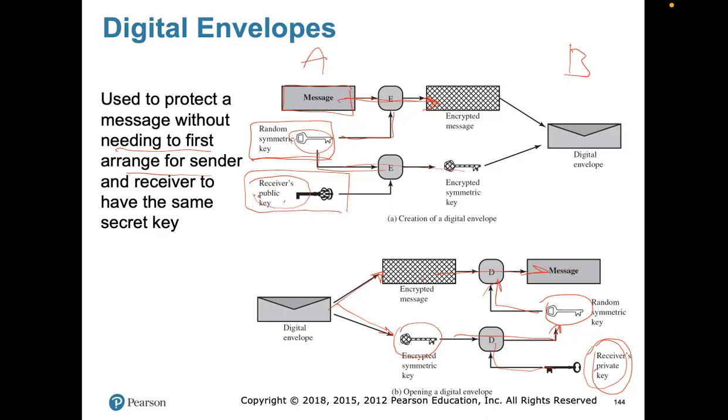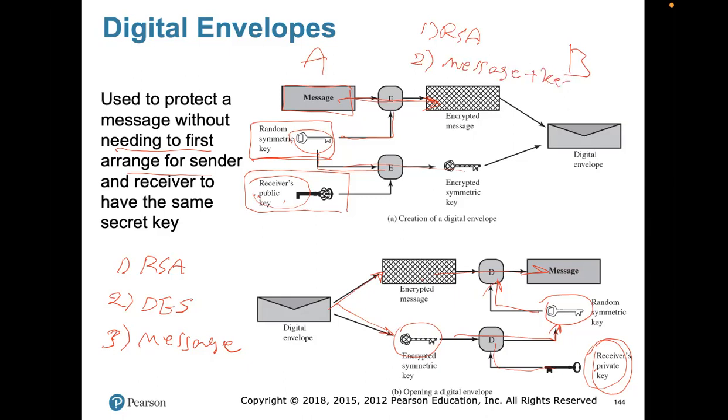If you don't want to do a digital envelope, we should do it this way: first we do something like RSA, we exchange the key, and then the DES key is going to be exchanged, and then the message is going to be sent encrypted by DES. But this way, we only have the key exchange for RSA, and then in the second step, the message and the key are sent at the same time. So we somehow save a little bit of time.